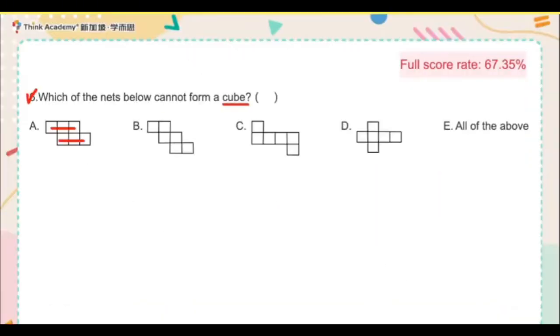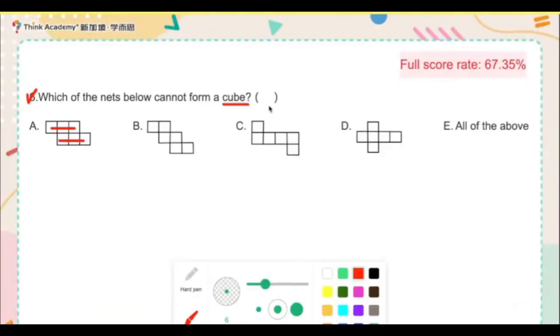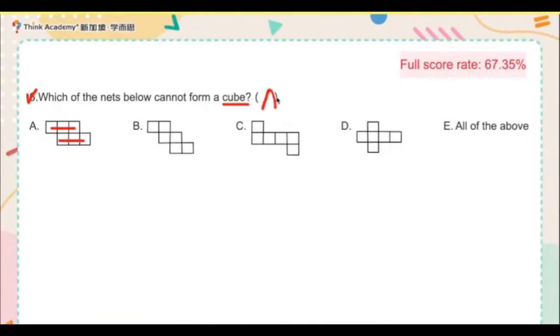And then we can also move on to the B. B is what type? Can you type it in our chat box? Yes, good job, Evelyn. Okay, B is 2-2-2 type, right? And then how about C? What type is it? Type in your chat box.